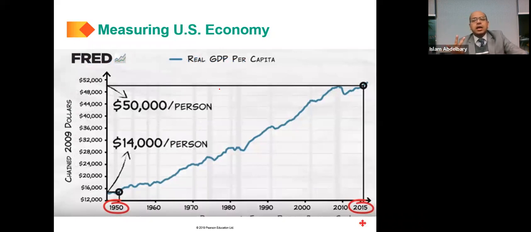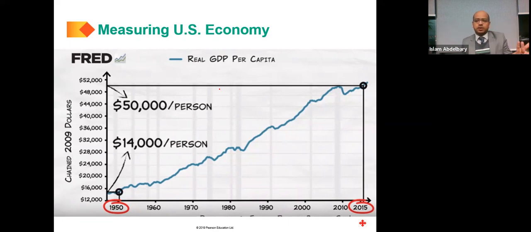And now we use real GDP per capita. So in 1950, the GDP per capita in the US was $14,000. In 2015, $50,000.